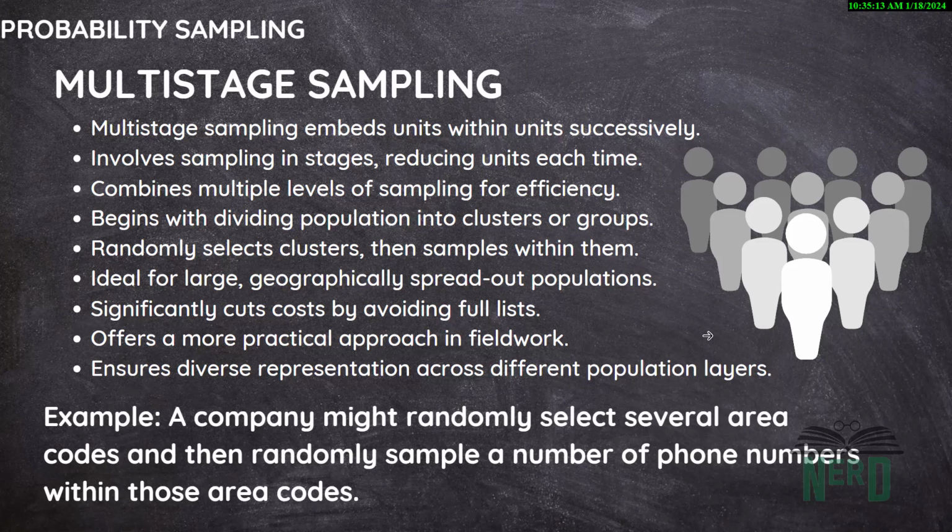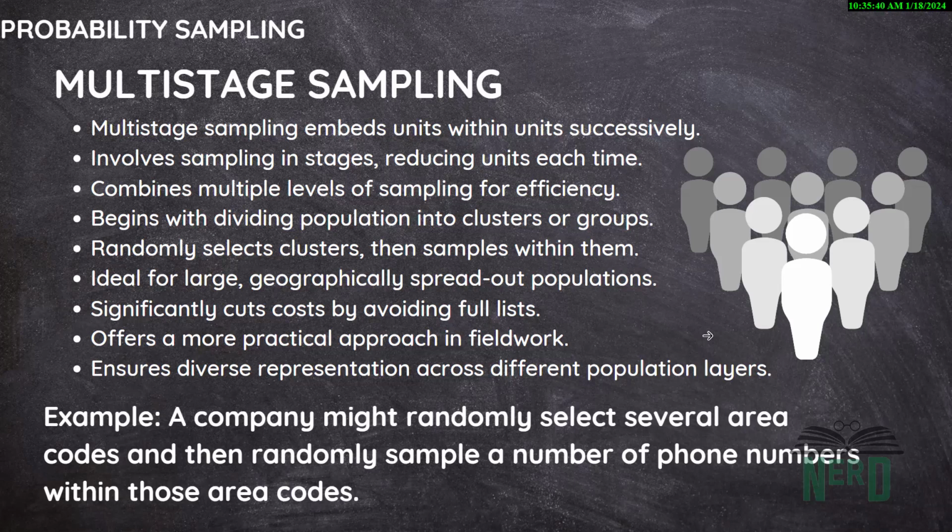The beauty of this approach is that it's more manageable and way cheaper than trying to look at every single unit in your big population. You don't need a list of everyone or everything you're studying, just enough to represent a variety of the larger group. So in summary, multi-stage sampling is a clever step-by-step approach to studying a larger population.